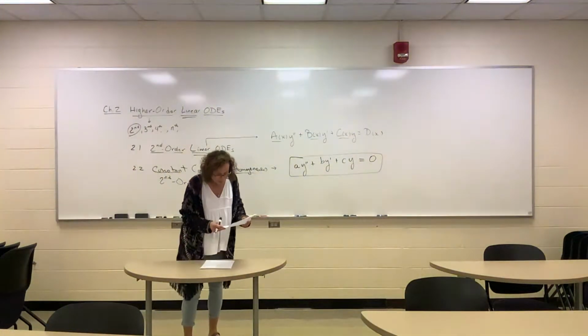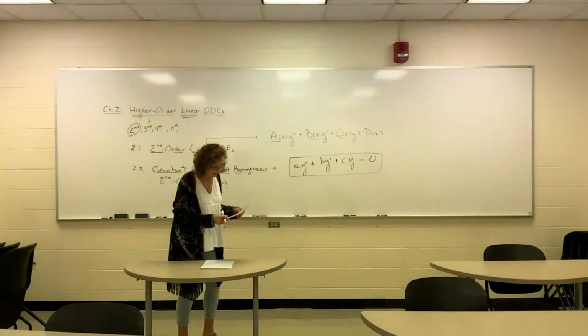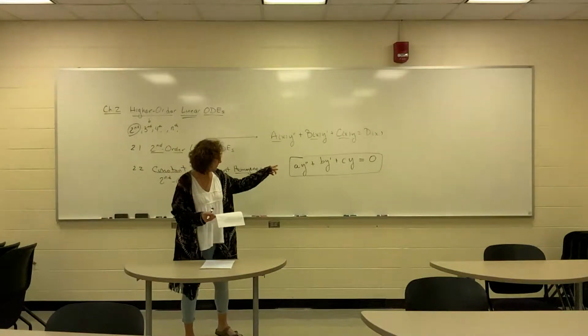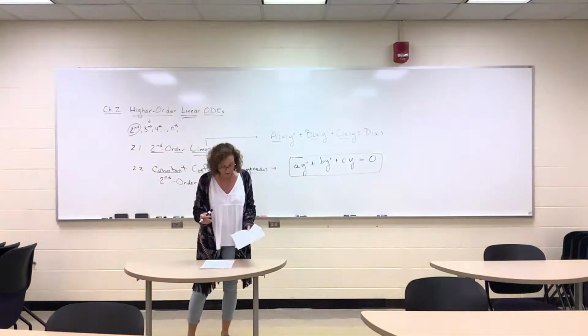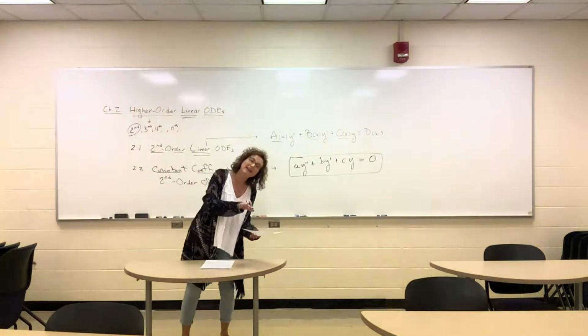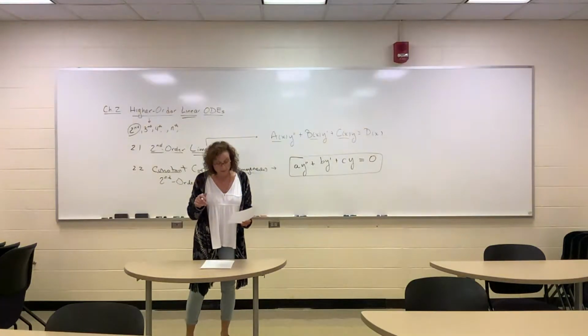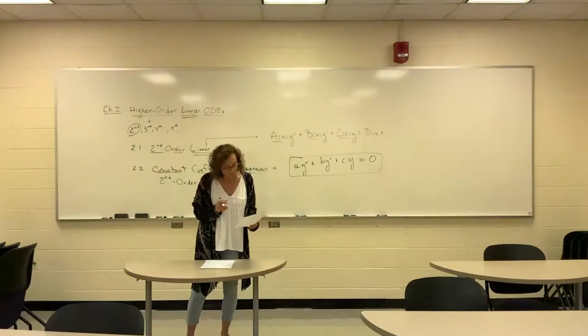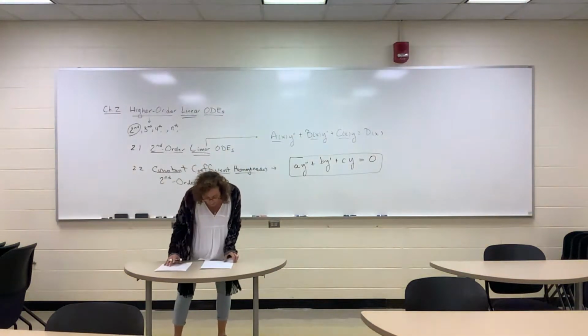All right, we will come back and consider non-homogeneous ones of these guys later, much later. That's some of section 2.1 and section 2.5, if you're interested in where we're going.